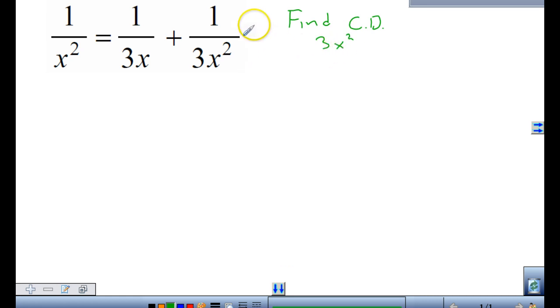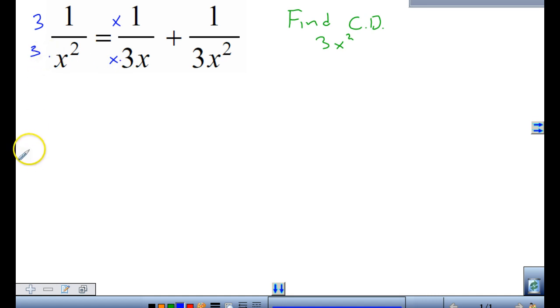Meaning, what can we multiply one or more of these fractions by so that all the denominators match? So if we multiply here by 3 over 3, here by x over x, they will all be 3x squared.